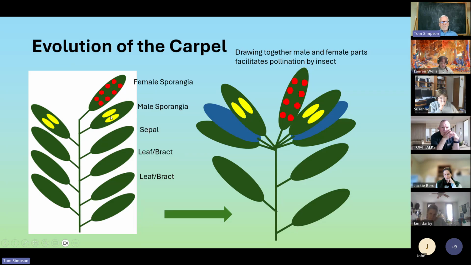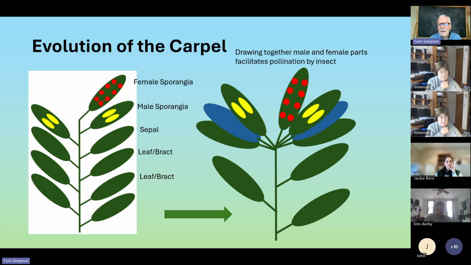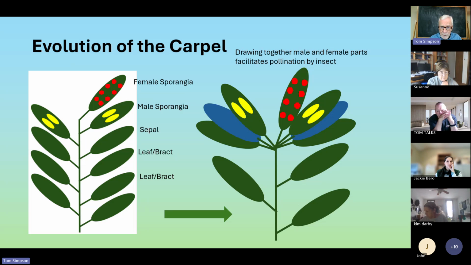Those spores mature and become pollen grains, and the pollen grains have to move from one plant to another, and you have insects or birds or other animals visiting the plants, maybe to eat the leaves or later on to maybe eat the spores.